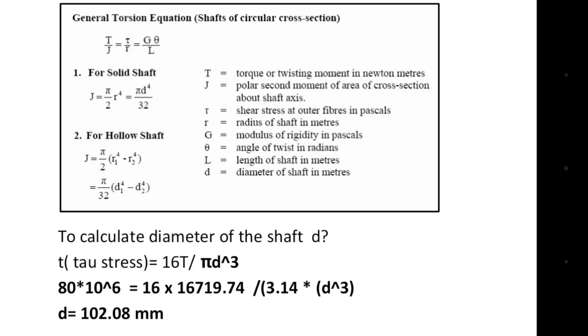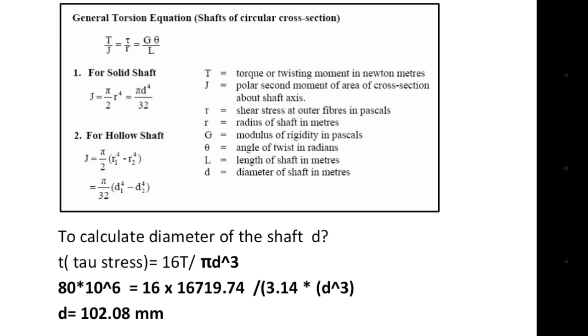Here T is equal to torque or twisting moment, which is in Newton meter. After arranging this equation, we get tau is equal to 16T upon pi d cubed. Tau is the allowable stress, or sometimes we call it the allowable shear stress. Its value is given as 80 MPa, so we have to multiply by 10 to the power 6, because 1 megapascal is equal to 10 to the power 6 pascal.